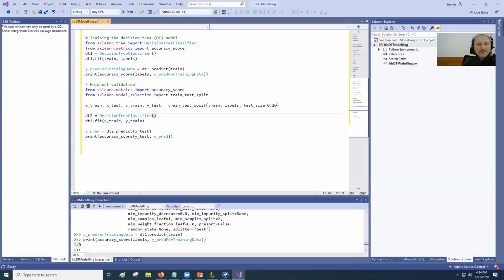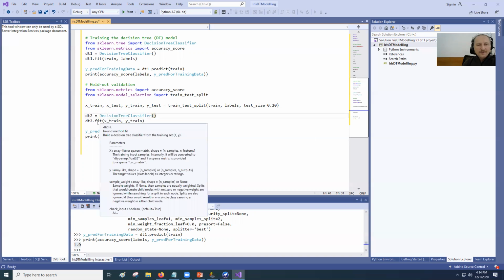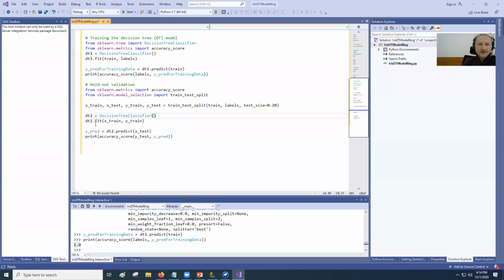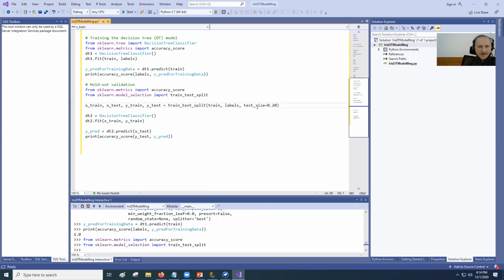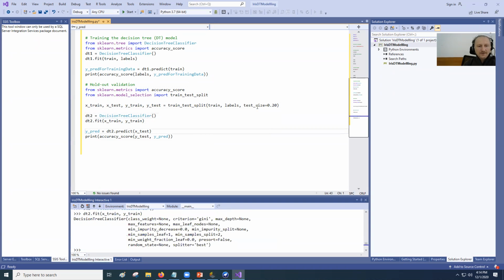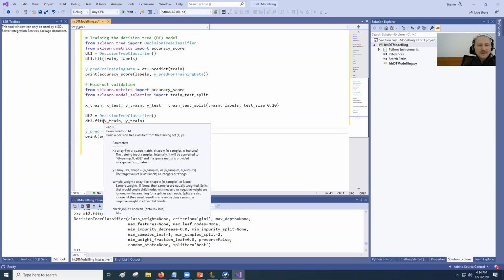And then look at when I train. Here, fitting in the Python scikit-learn machine learning library, I am using training data. Now let's run them. We train our model by using the training data.